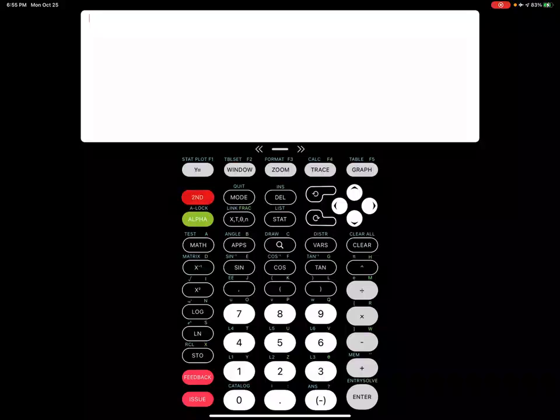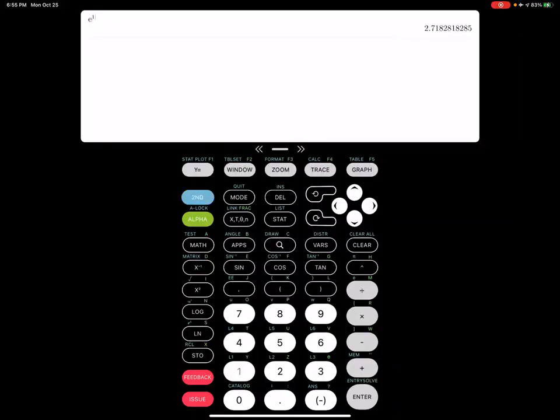So let's look at E raised to the first power. This is going to give us the value of E. And you'll see there's our magical number, 2.718281828, and it's going to keep on going forever and ever. It's a lot like pi in that it has an infinite number of decimal places.